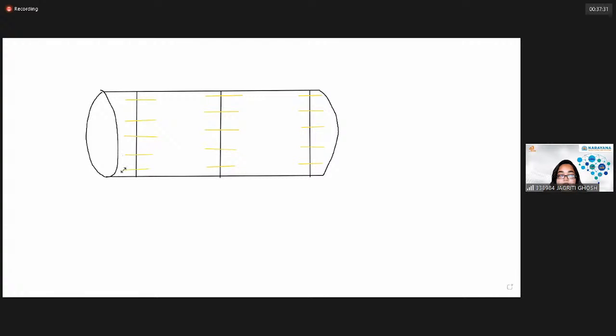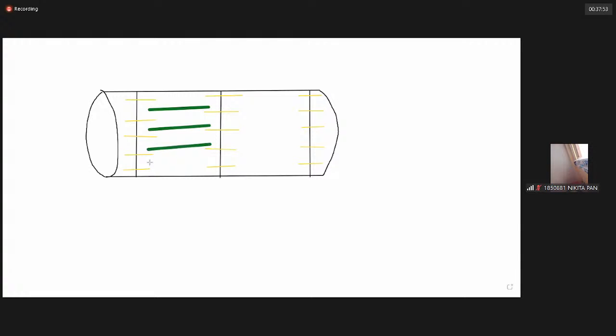In the gaps of thin filament, one special type of filaments are also present, which is called thick filament or myosin filament.